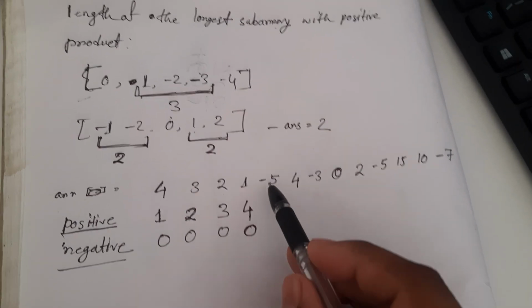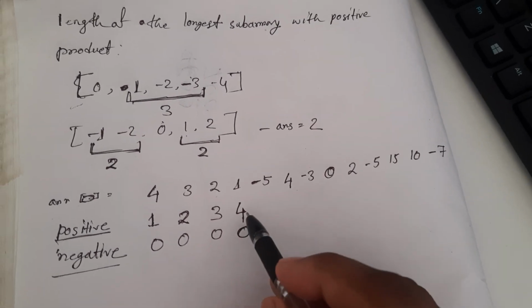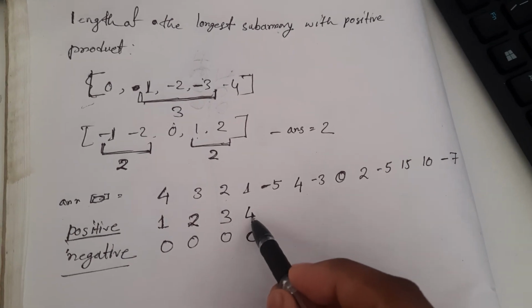Now whenever we get a negative value, the negative length will be the positive length plus 1.